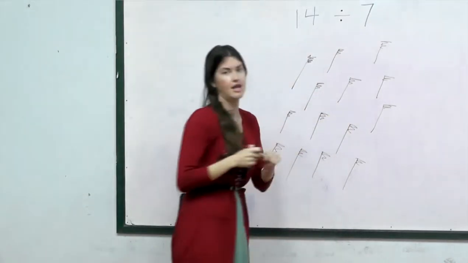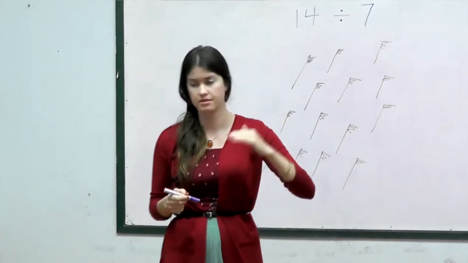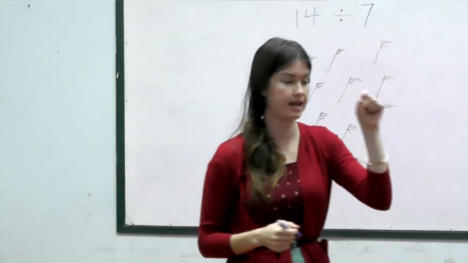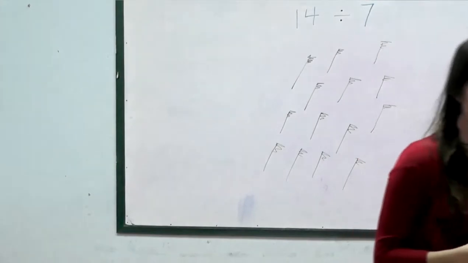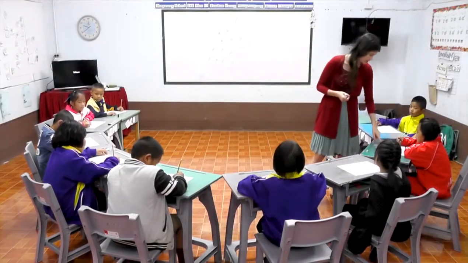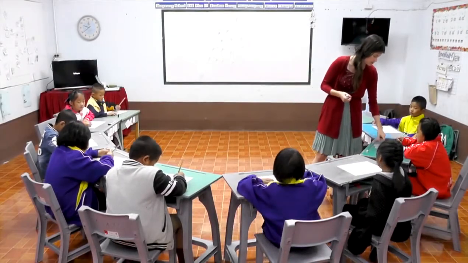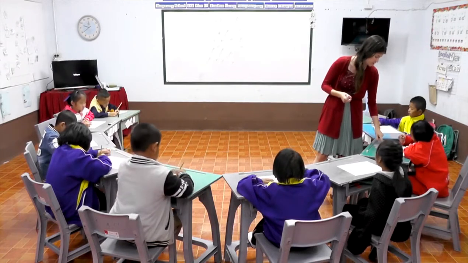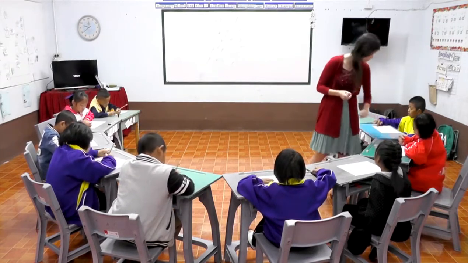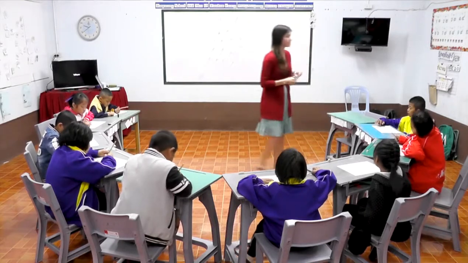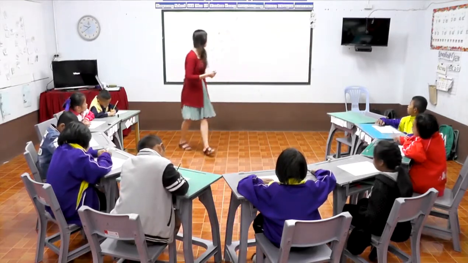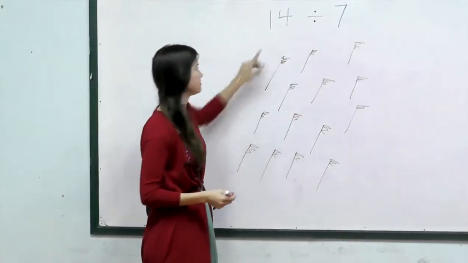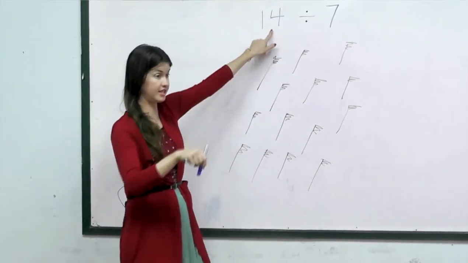Equal. So we have 7 groups. How many toothbrushes are in every one of those groups? 2. Yeah. We've got 7 groups. 1, 2, 1, 2, 1, 2. So on our paper, we're going to write 14, the total number.